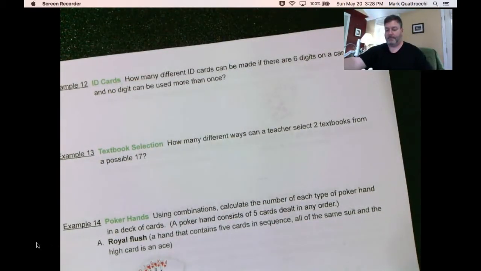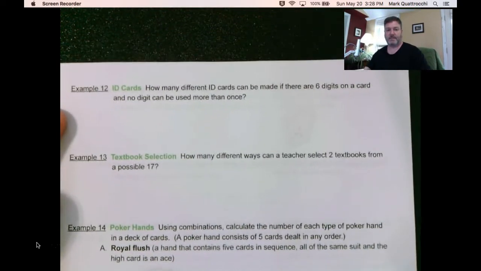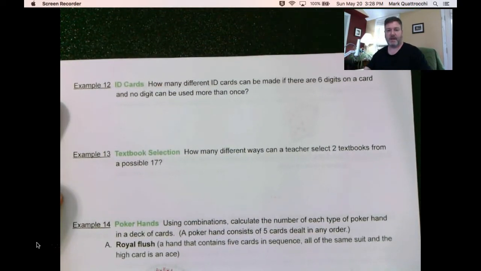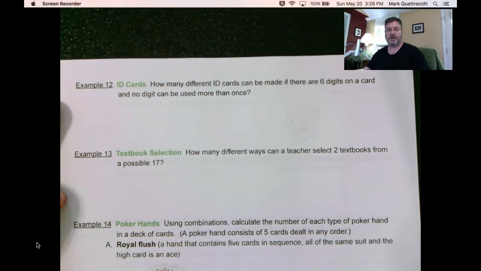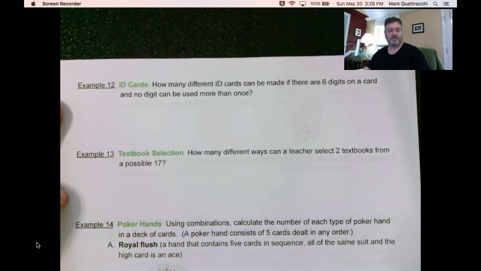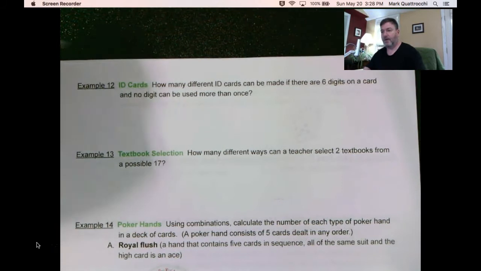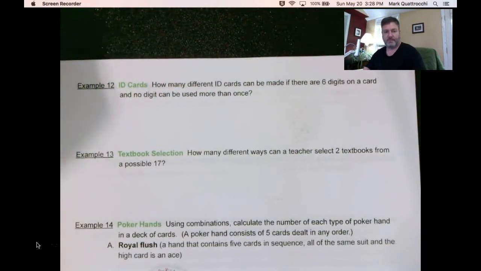All right. ID cards. How many different cards can be made if there are 6 digits on a card and no digit can be used more than once? So order matters, and we're not replacing any of them.